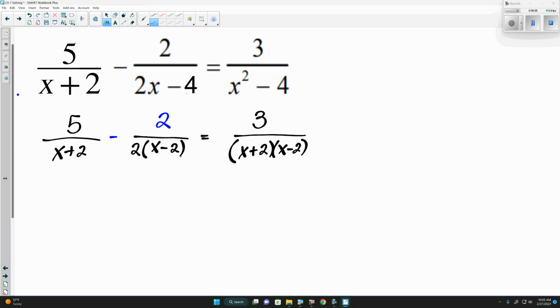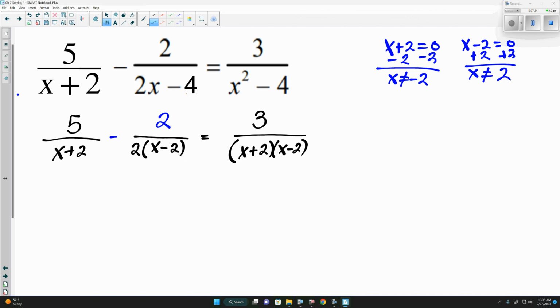We can multiply it all, but let's get our restrictions. So for x plus 2 equals 0, we would subtract 2 telling us x cannot be negative 2. We also have x minus 2, just like the last one, so we'd add 2, telling us x cannot be 2 or negative 2.